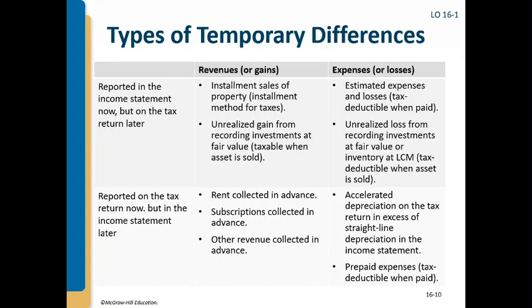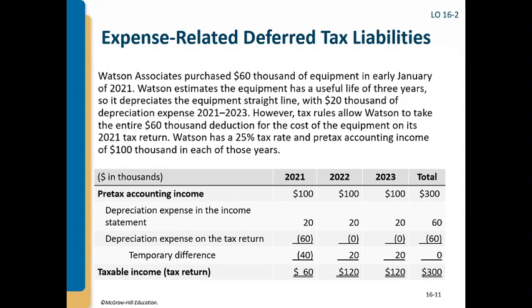This is simply a continuation of our example earlier. Again, we purchased $60,000 of equipment in year 1, 2021. It's got a 3-year useful life for financial accounting purposes, so we're going to depreciate it straight line $20,000 for 3 years.